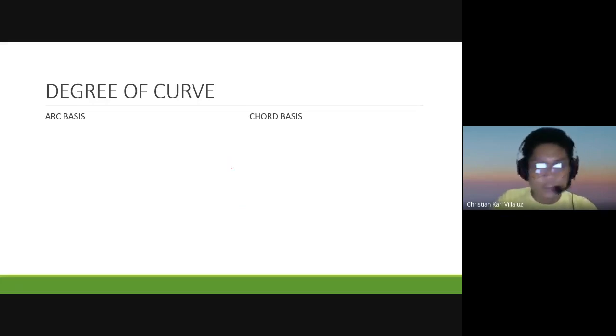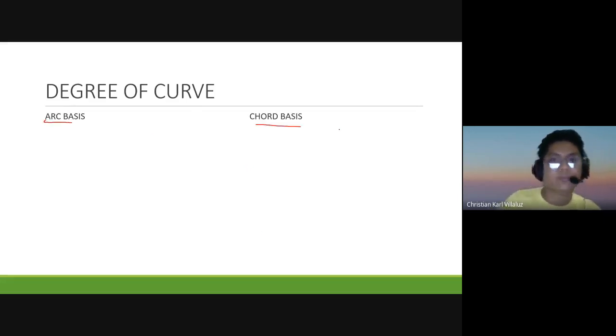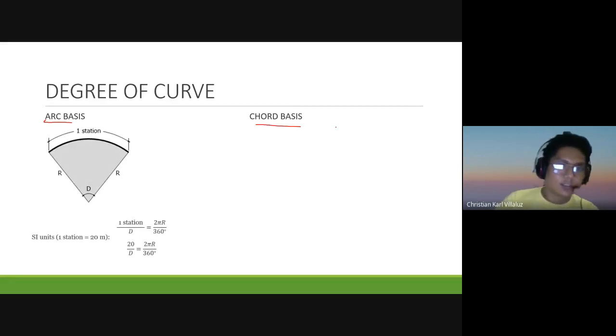So, how do we determine the degree of curve? We have two methods, or two bases, in determining the degree of curve. The first one is by arc basis. Second is through chord basis. So in arc basis, we have one station.